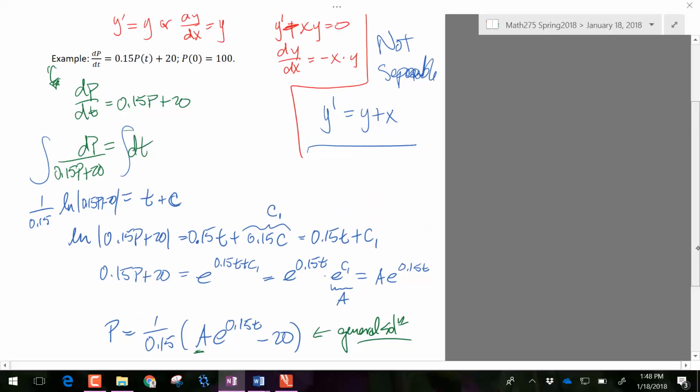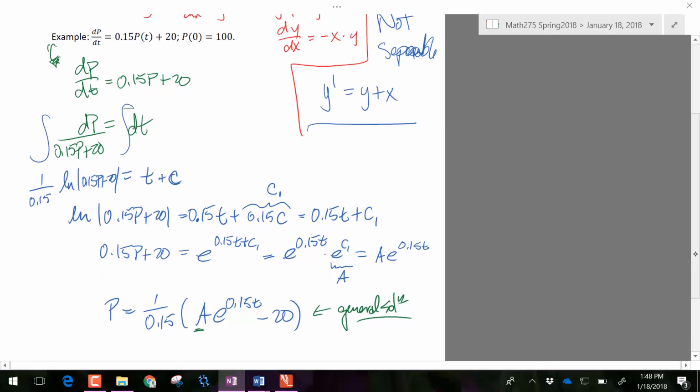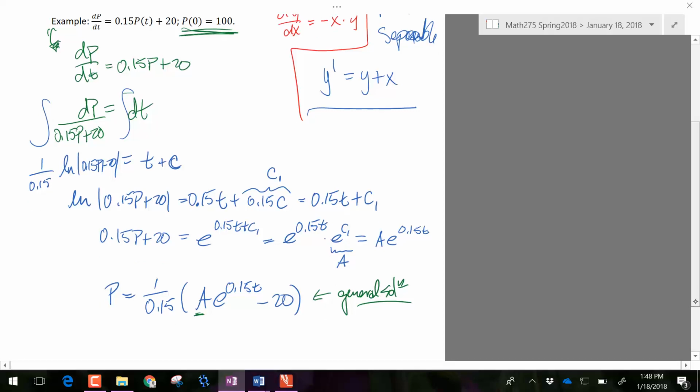And according to our existence and uniqueness theorem, if we have an IVP, if we use our initial condition, then we're not going to have a whole family of solutions. We're only going to have one particular solution. So let's use that initial condition where when t is equal to 0, P is equal to 100.